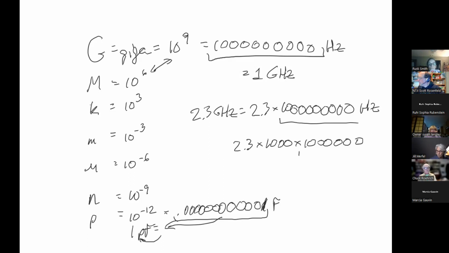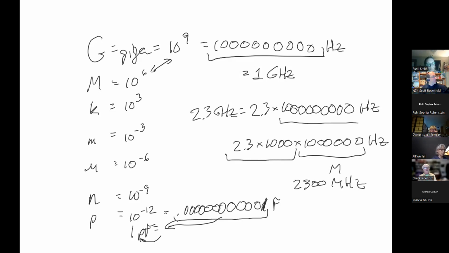That's a million. Well, we know that's mega. And now we know it's 2,300 megahertz. We group that, that's 2,300, and then the rest of it becomes megahertz. So, all right, so now we can actually do things with it.